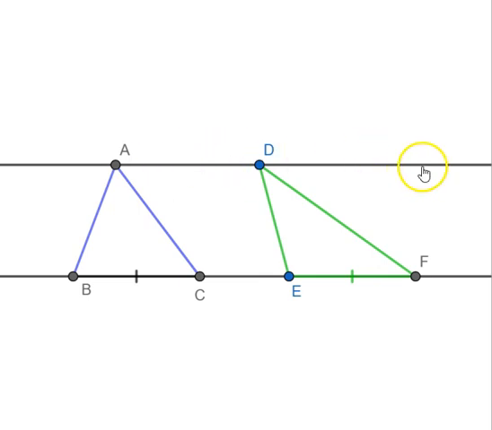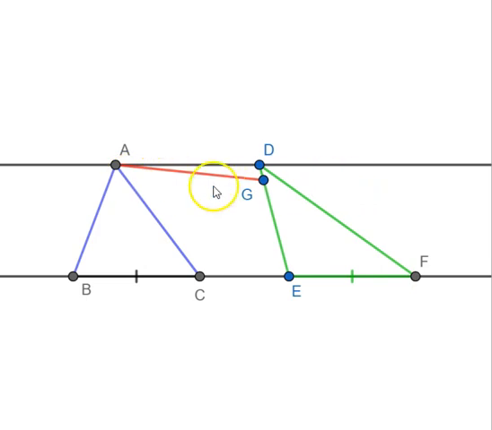Now, since we have assumed that AD is not parallel to BF, let's say there is some other point here, let's say G, and if we join these 2 points AG, then this line AG is parallel to BF.